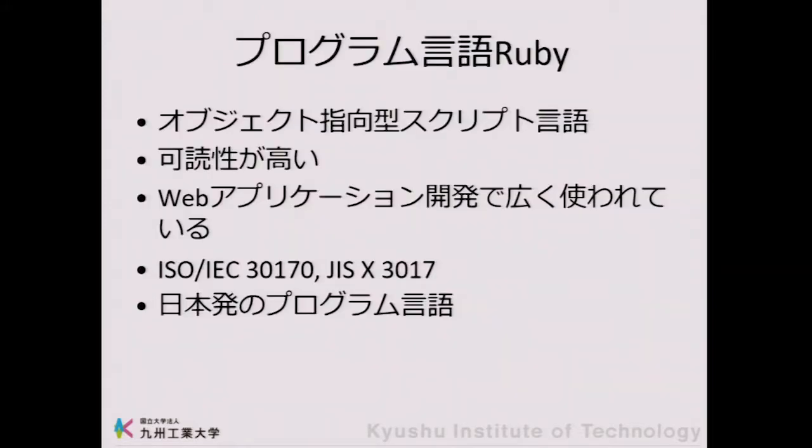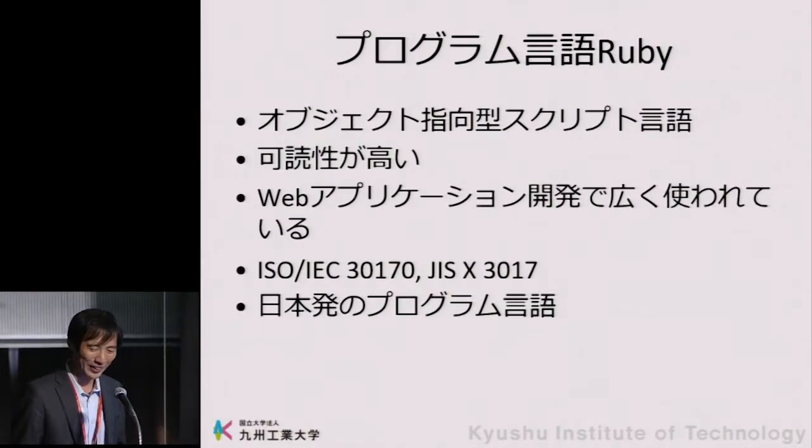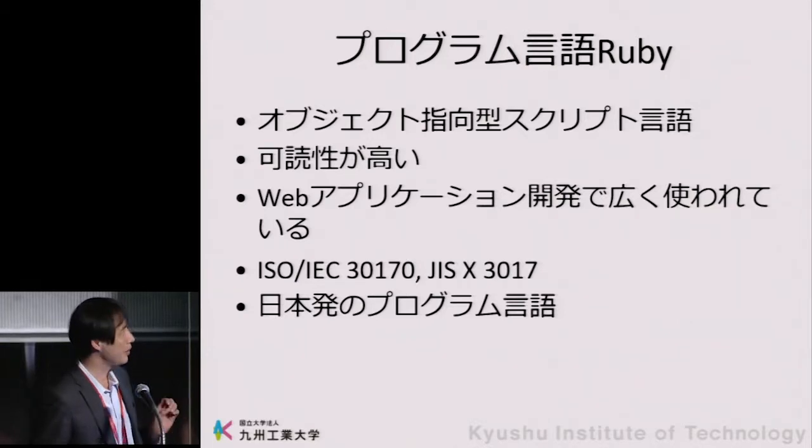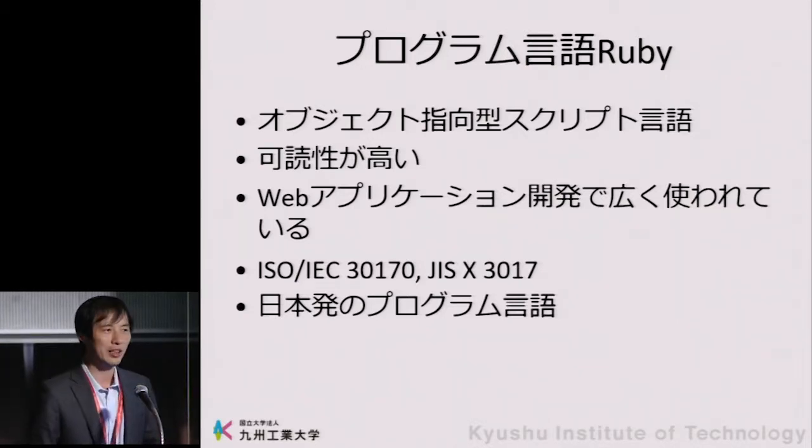And Ruby, I don't think I need to explain here. I have been using Ruby for many years. The execution of Ruby is called the interpreter method. Of course, it uses the VM internally.